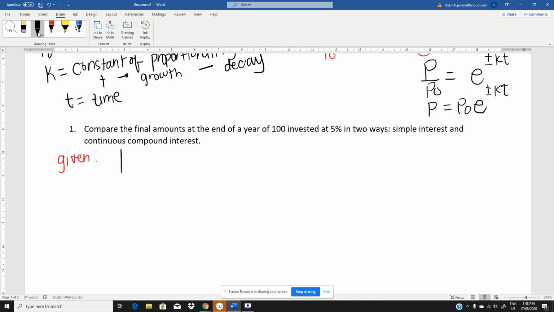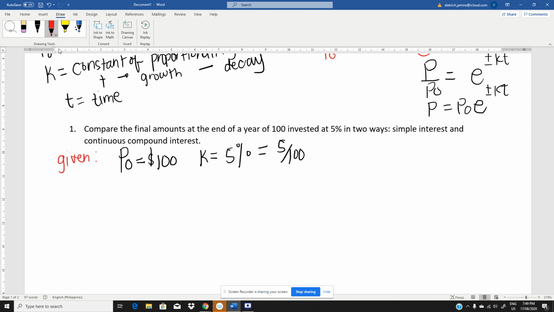We are given that P0 is equivalent to $100 because that's our initial value, and our k is equivalent to 5%, which is also 5 over 100. Then we are required to solve for the simple interest and continuous compound interest.